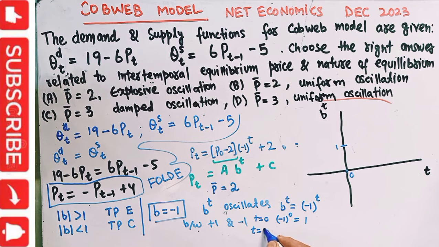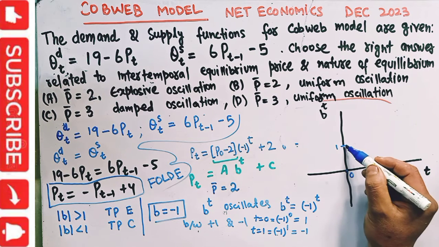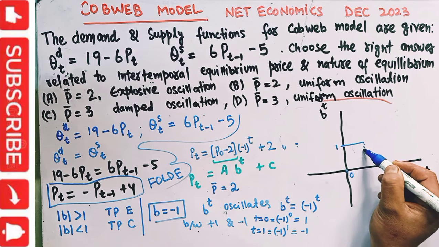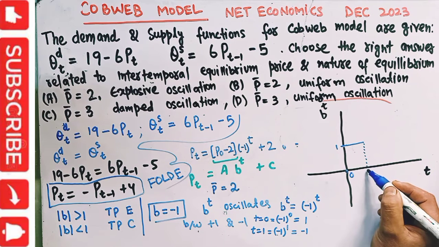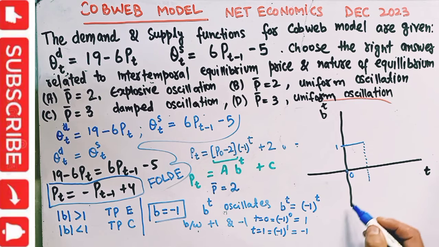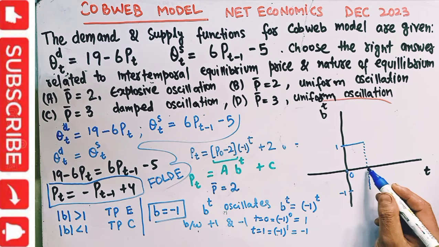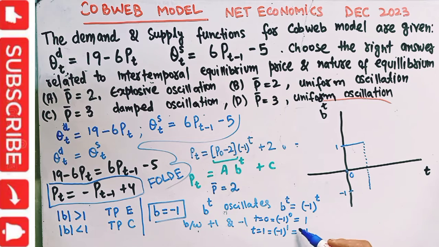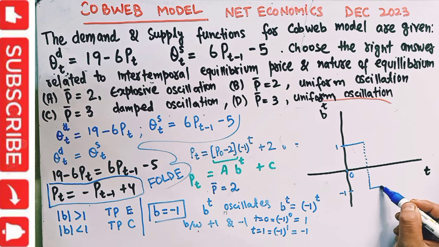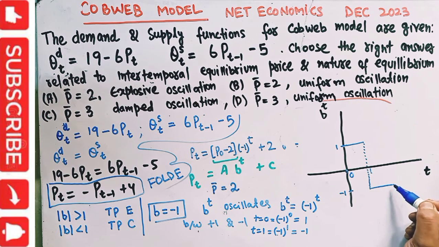Similarly, when t is equal to 1, we will have -1 raised power 1, which is -1. So first we will get like this, then we will go down. Let us say this is -1. So when t is equal to 1, we get b^t is equal to -1.